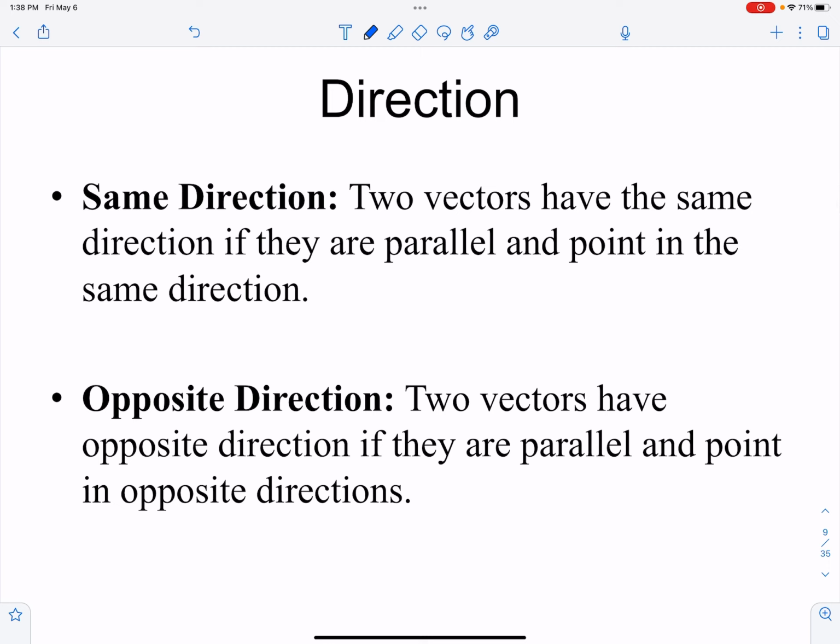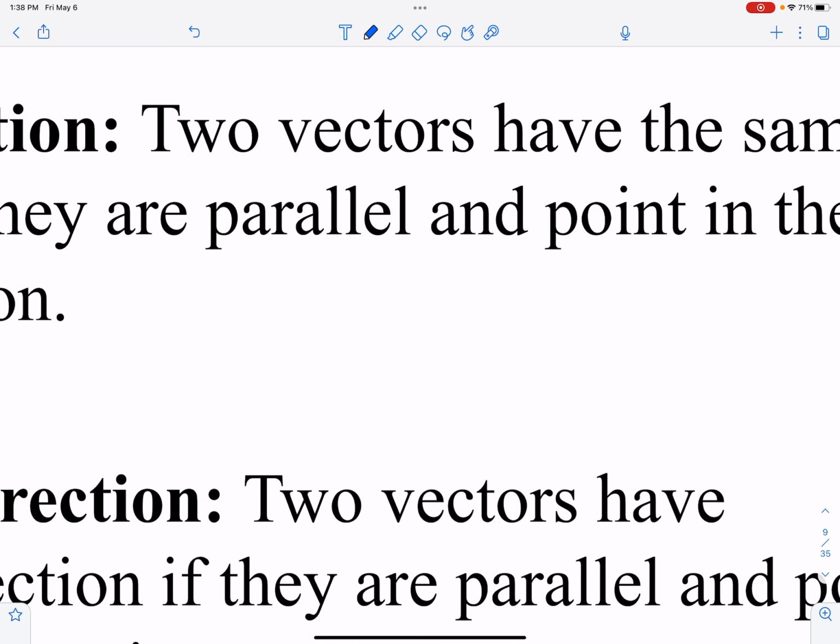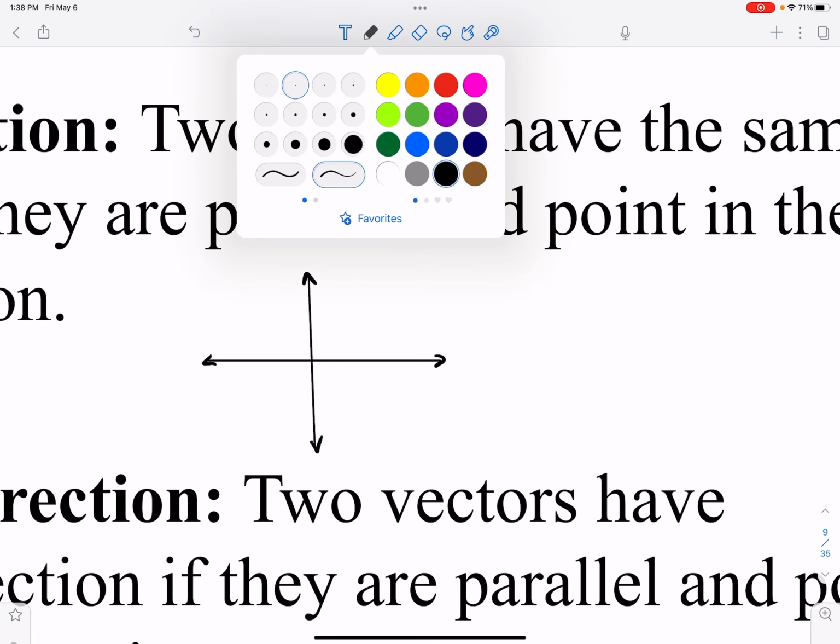Now, two vectors are considered to be pointing in the same direction, or two vectors have the same direction, if they're parallel to each other. So if we were to draw two vectors in the xy plane, they don't have to have the same magnitude, so they can be different lengths.